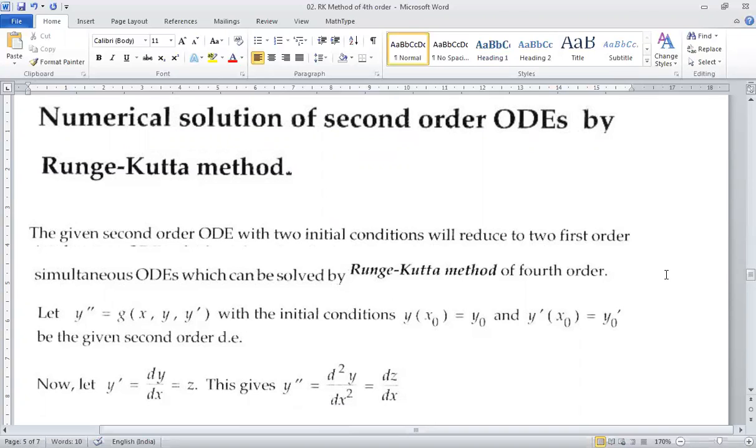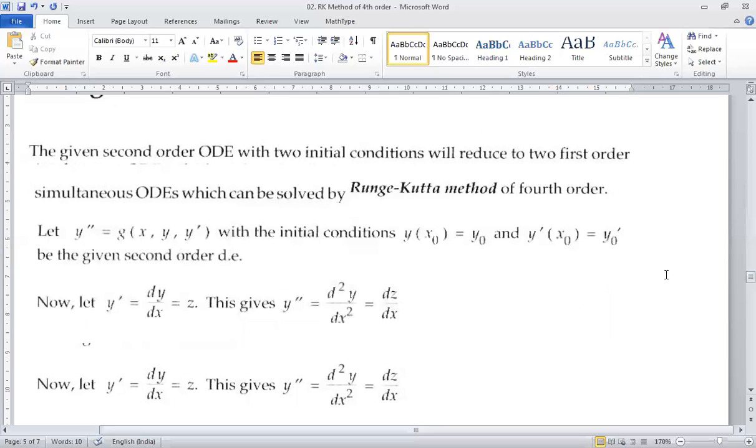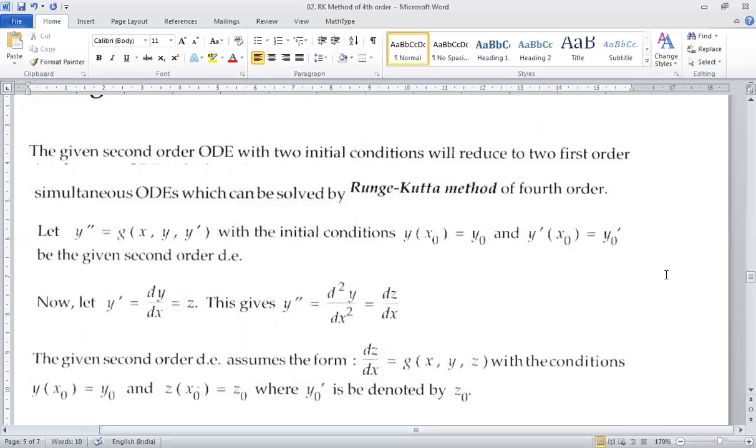To convert this second order ordinary differential equation to a first order simultaneous ordinary differential equation, we need to make use of a substitution. The substitution is y dash, which is dy by dx, so we'll replace it by z. With this, y double dash, which is d square y by dx square, will become dz by dx.